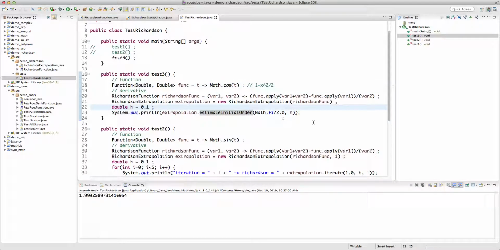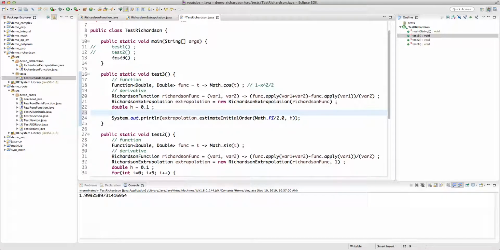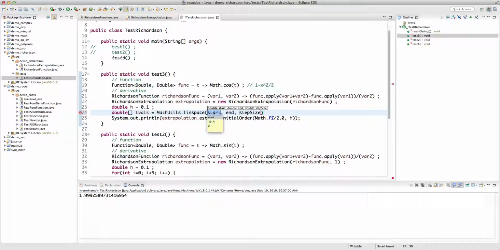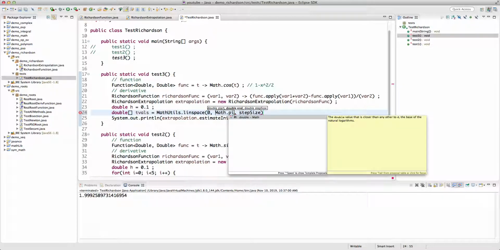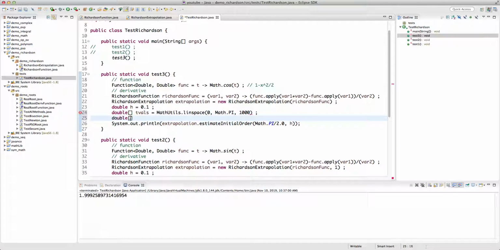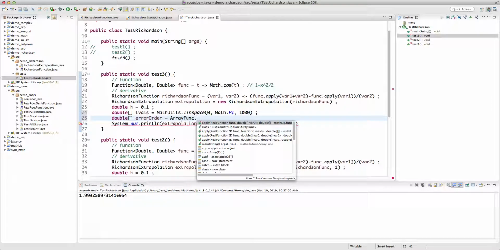And we can in fact plot the order of error. So double array t-vals equals MathUtils.linspace from, let's say, 0 to Math.PI and 1000 points, and double array error order equals ArrayFunc.apply.